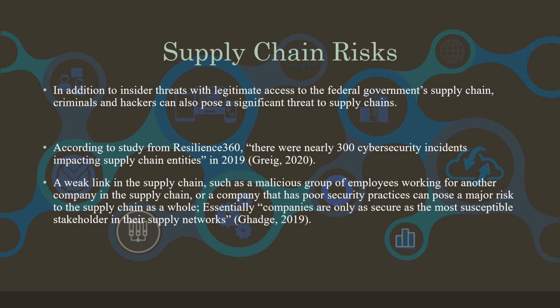So essentially, companies are only as secure as the most susceptible stakeholder in their supply networks, right? So, you're as secure as your weakest link in the supply chain. And if you're part of this huge international supply chain, it's coming in and out of different countries, all kinds of different security standards, that just poses such a huge risk.